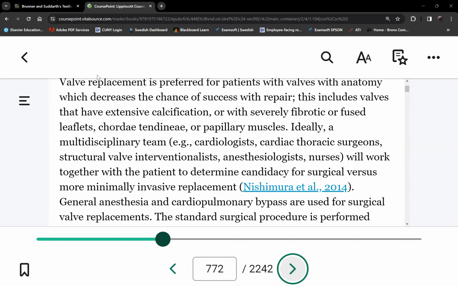Again, when we replace, we either use biologic valves coming from another person or from another species, like a cow or a pig, because those animals have about the same size hearts as humans, so they are ideal for replacement. Not really, because these are not per se cells that contain a blood type, or because valves are basically what?